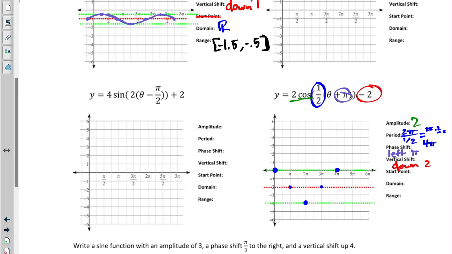Okay. So I sort of see the pattern emerging. But remember, we had a phase shift. It said left pi. And so I'm just going to take each of these points and drag them pi to the left, which, if I look at my bounds, pi is every 2 boxes in this case. So I'm just going to take these points and move them like this. This one's going to kind of go off the graph.